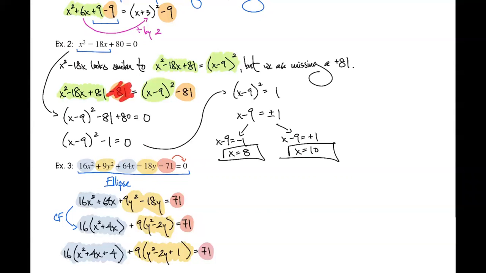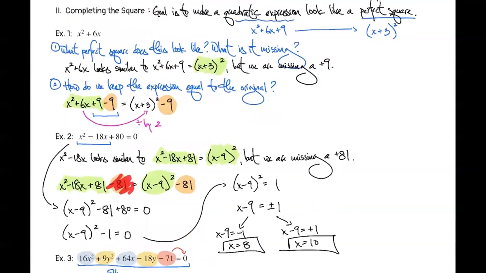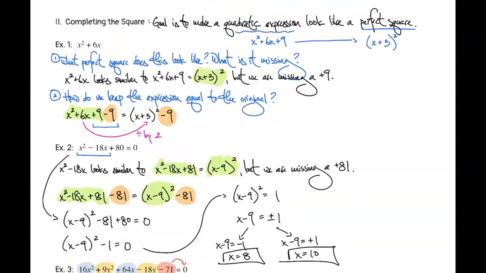Because if I don't have the orange part, I've actually changed the problem, right? Same thing up here. If I have x squared plus 6x and then I add 9, I'm changing the problem. So I gotta do a minus 9 to sort of keep it balanced, okay?